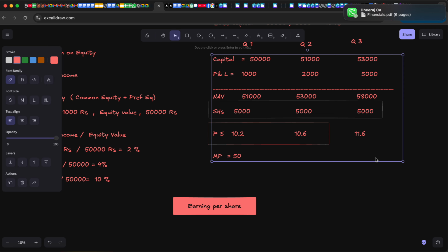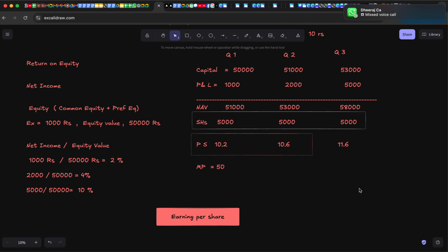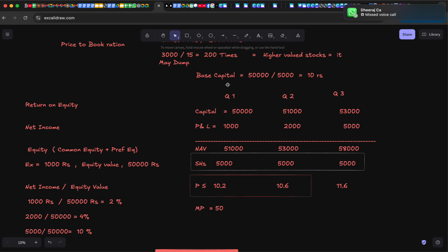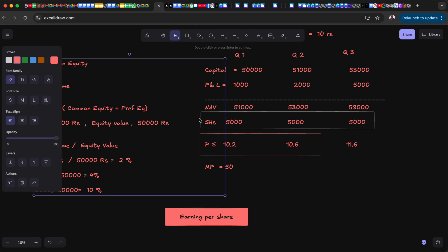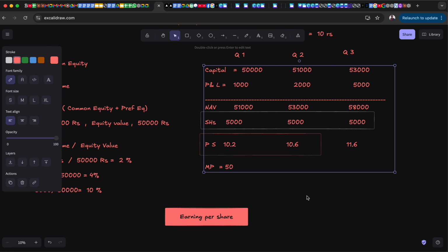So the assumption here is the same example will be referred to. Let's say the same company now publishes 1,000 rupees as net income, and the company has a total of 5,000 outstanding shares.